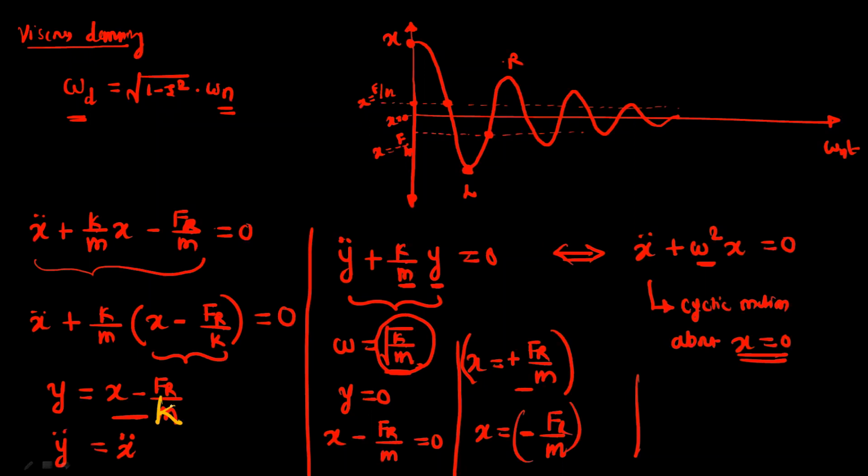This is the k value, x is equal to minus F upon k. This is the k value. So this is F upon k.